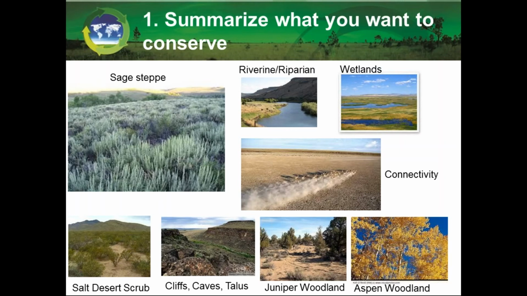One of the most fundamental things that we've done, and one of the lessons learned in conservation planning and also using the open standards, is to really understand what you're trying to protect. You need to summarize those things that you care about and want to conserve.